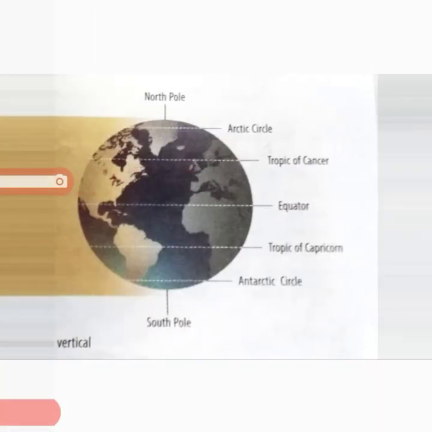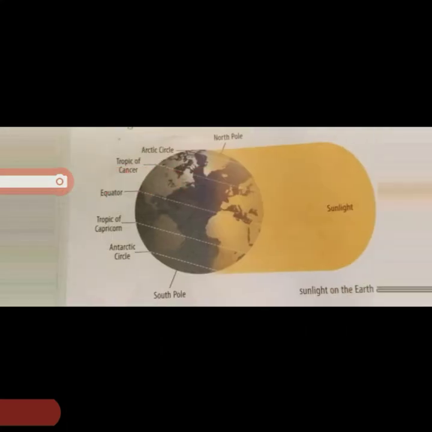The important latitudes on the Earth are the equator, Tropic of Cancer, Tropic of Capricorn, Arctic Circle and Antarctic Circle. If you see the lines carefully, in the southern hemisphere the duration of night is longer, and in the northern hemisphere the duration of day is longer than the night.